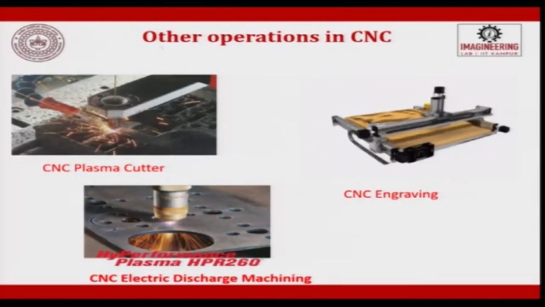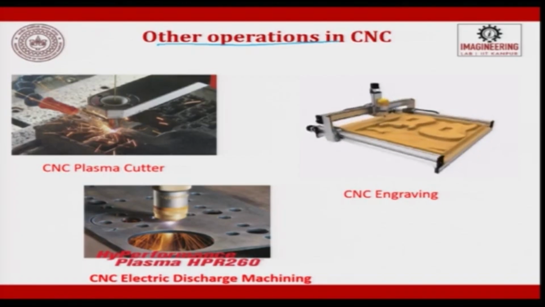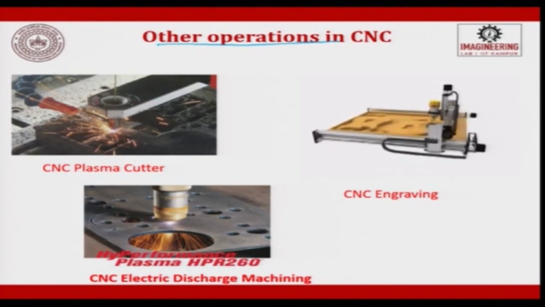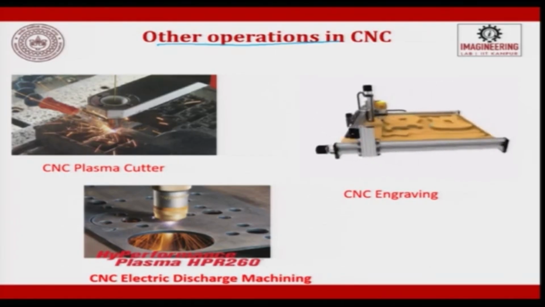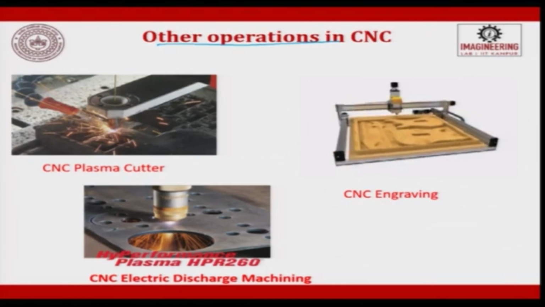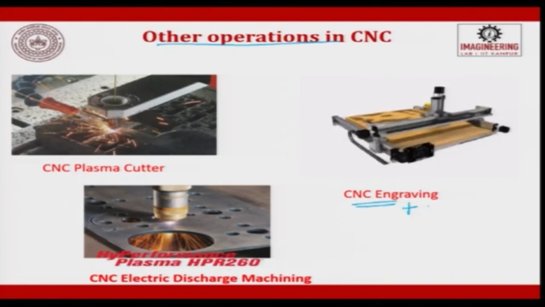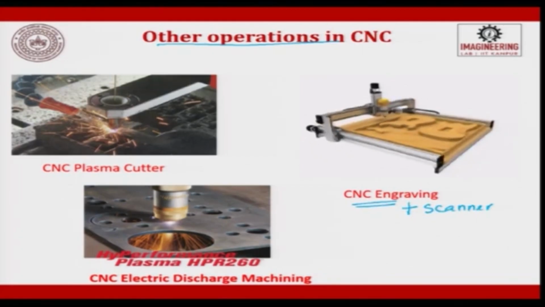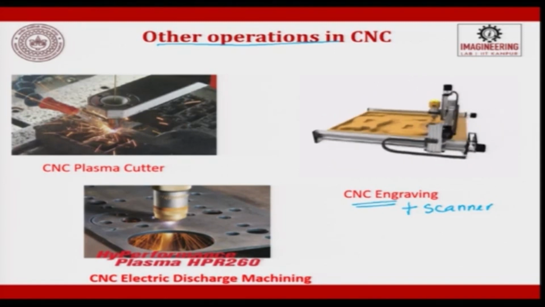As I told you, the other operations in CNC machines today which are getting attached are the plasma cutter. If you look at it, this is also getting attached to an engraver. Today they have started integrating processes. A machine today has engraver plus scanner. So, it scans the data from an object, converts the data into XY signals.